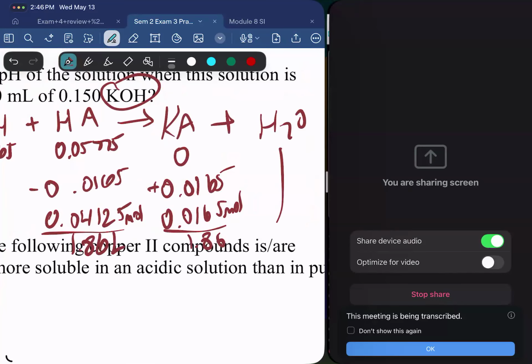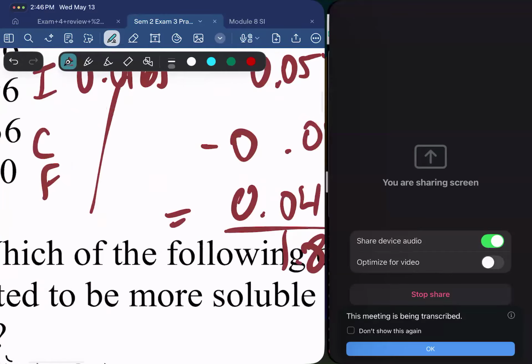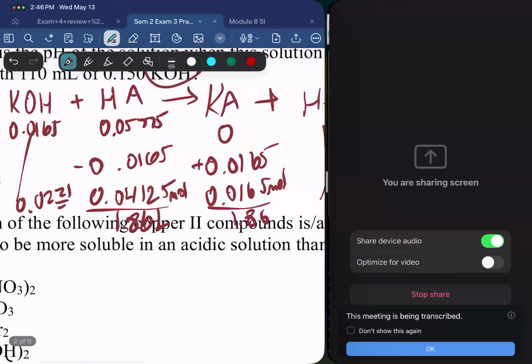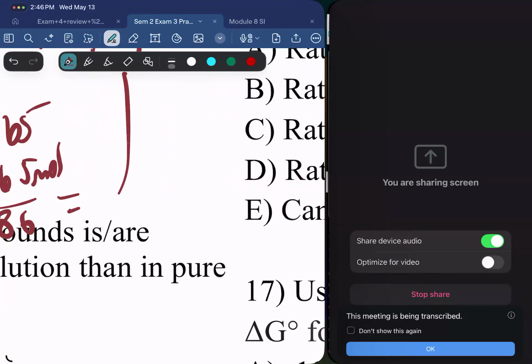So let's do that. Here I got 0.0221, and here it's going to be 0.0088.